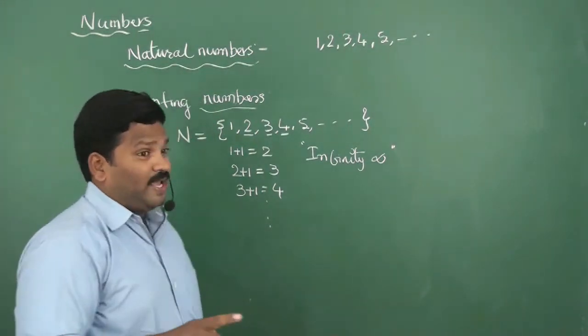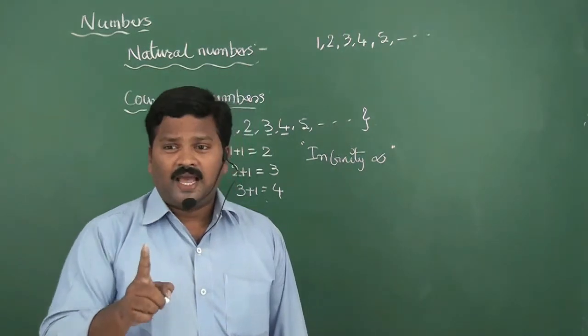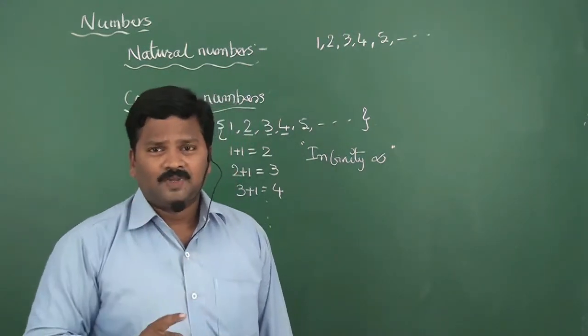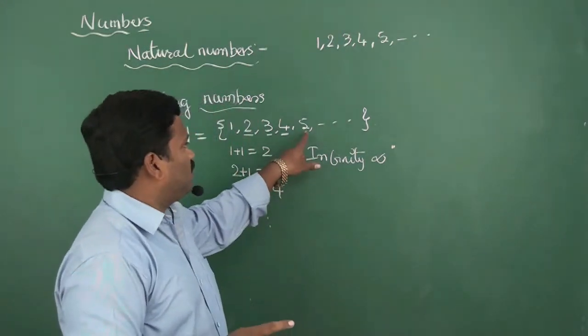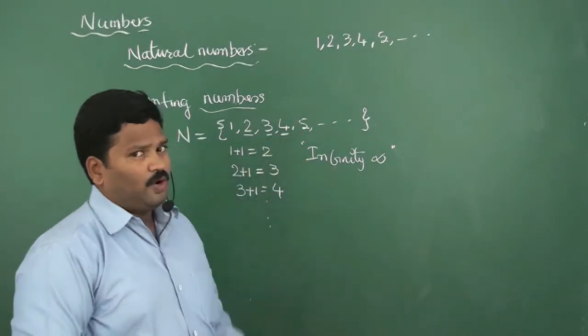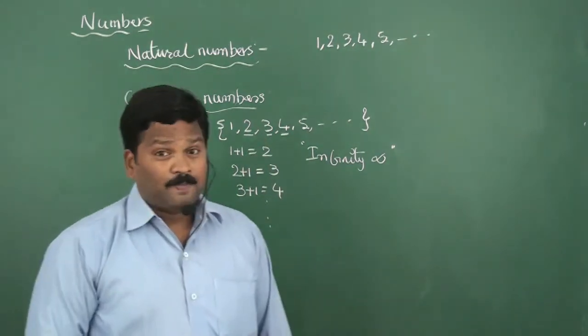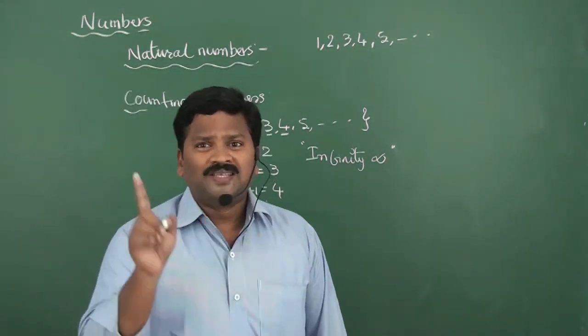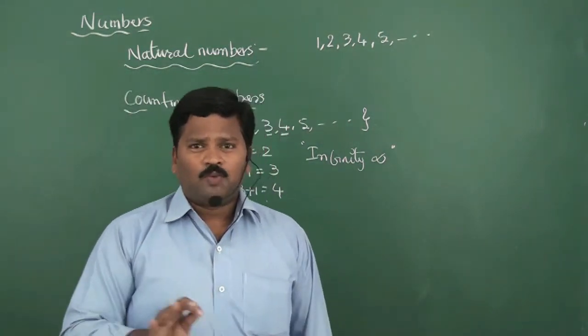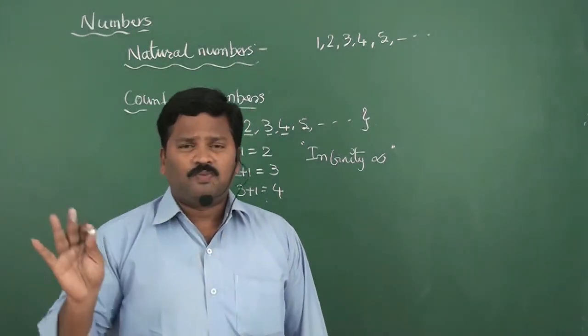And any natural number also has its own predecessor. You take 5, the predecessor of 5 is 4. You take 4, the predecessor of 4 is 3. But 1 has no predecessor. 1 cannot be generated from any natural number.